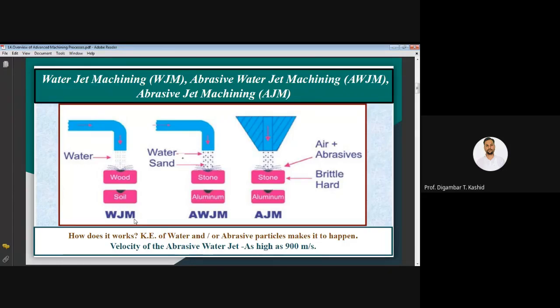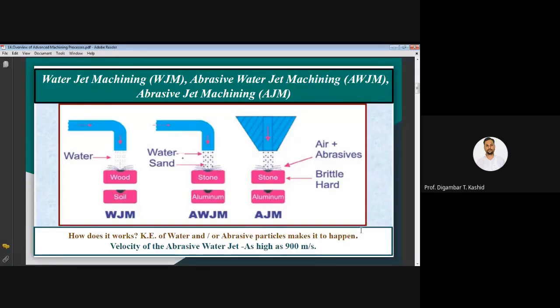When it strikes, that time erosion action will take place on the surface of your wood, or it may be the soil. Due to that erosion action, small craters, or small material from your wooden surface, will be removed. So that action I can call material removal action. But to remove the material from the wood piece or soil, it takes time. So the kinetic energy of the water is what makes it remove the material.